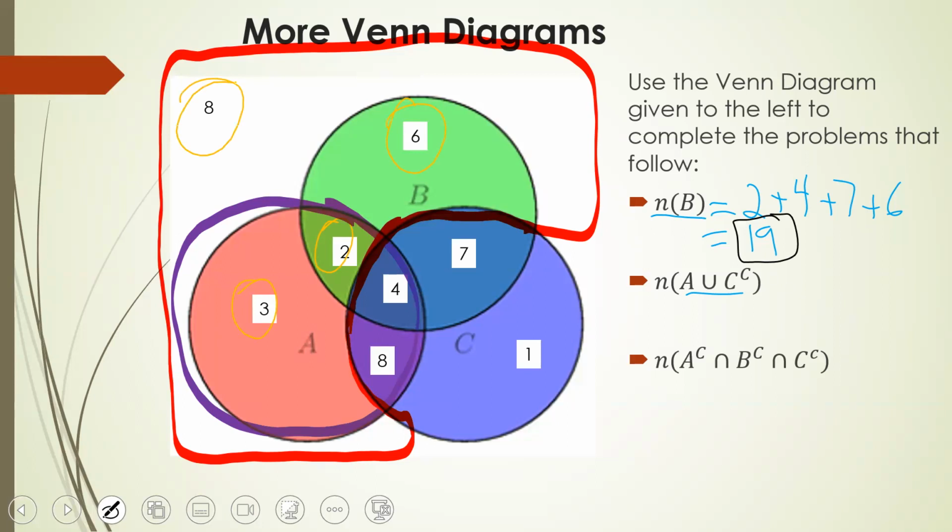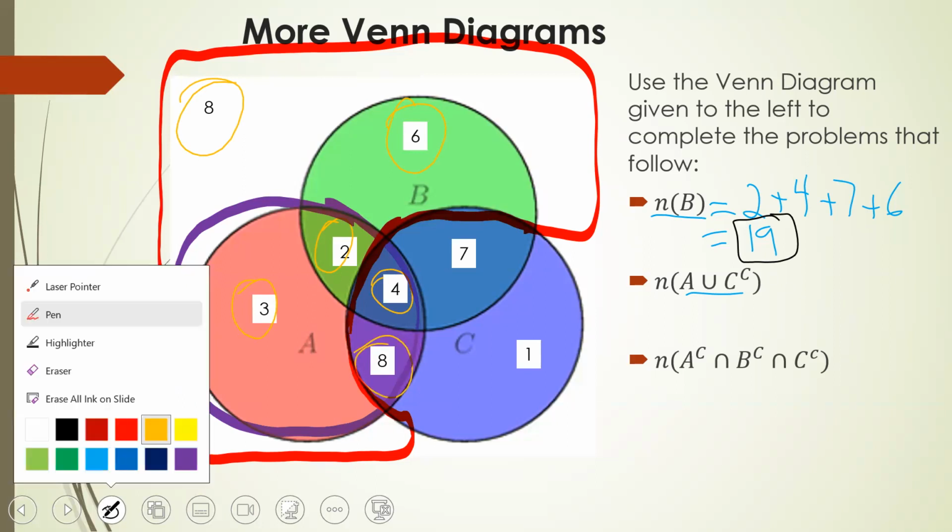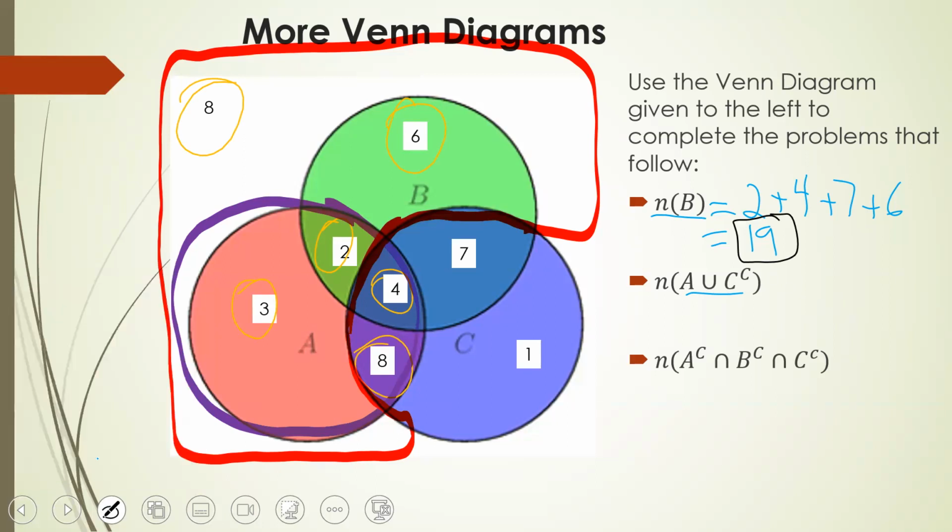Okay, so we're not going to double count 3 and 2 when we find the number of elements, but we will include that since it's in both of them. We'll also include that 6 and 8. And then for my total here, I also need to include this 4 and 8, because even though they are inside of C, they are in the set A, which gets included in the union. So to find the number of things here, I'll add all these numbers together.